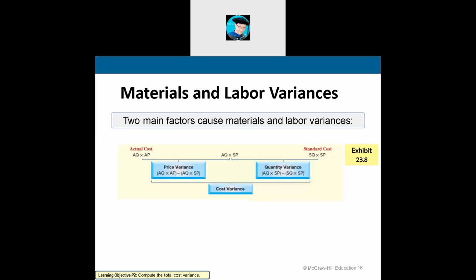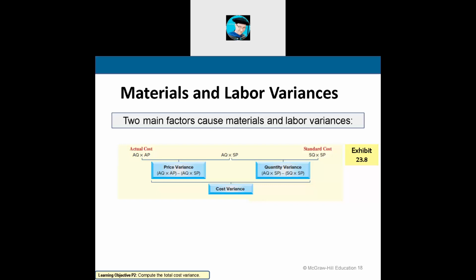For labor, the reason why a labor variance would occur is because I used more hours to produce the product than expected. Your actual quantity was higher than your standard quantity. That happens. Or another reason why you might have a labor variance is I paid my employees more than I normally do.